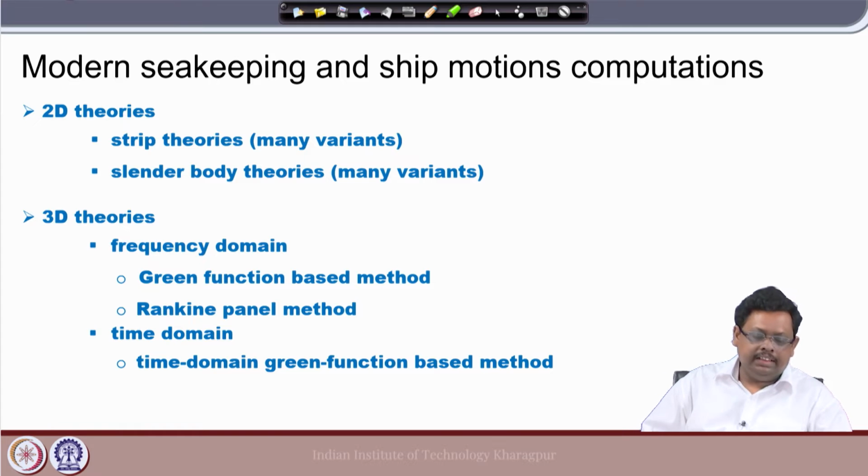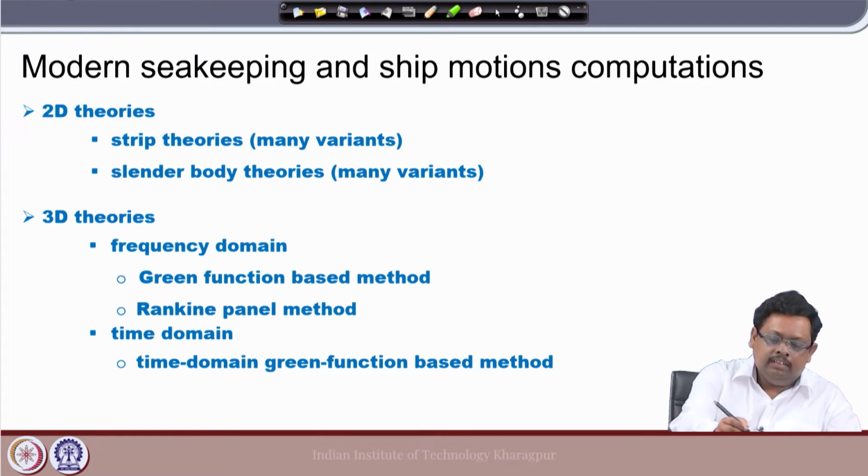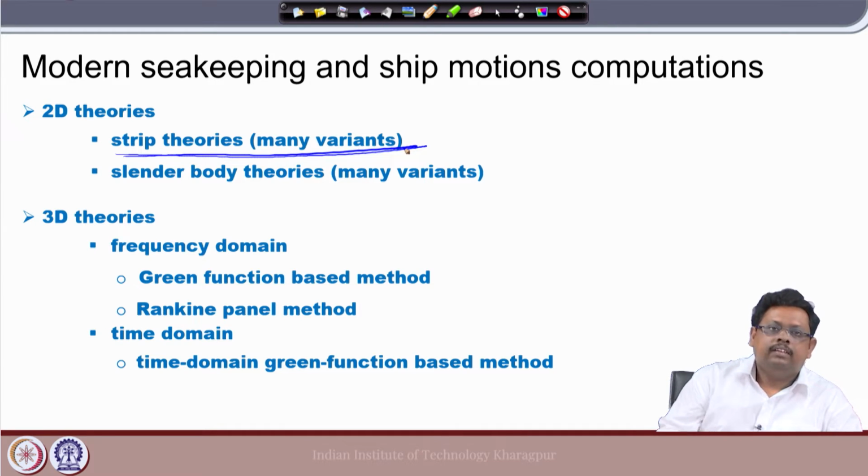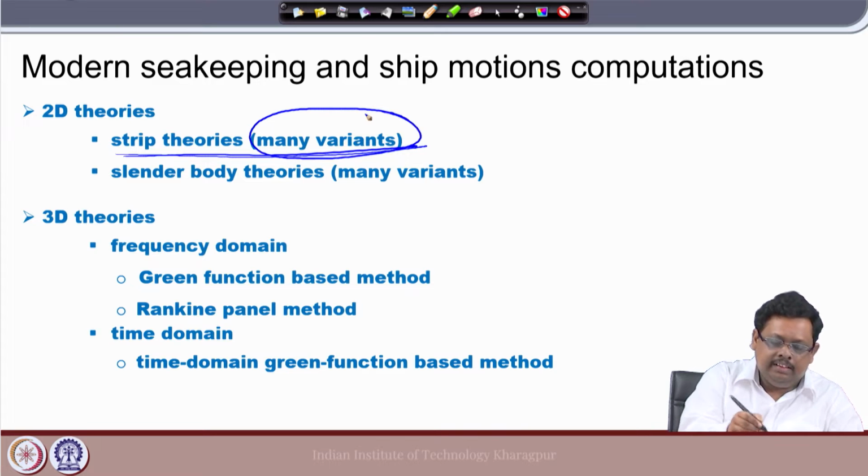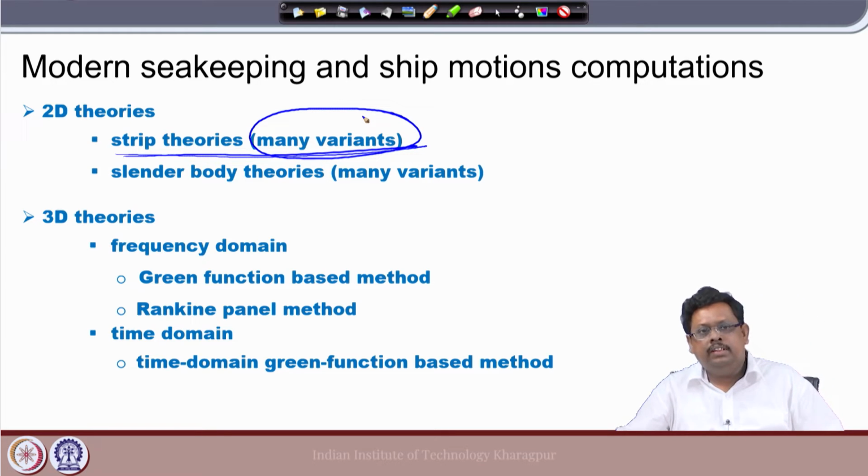Now, let us find out what the available popular methods are in modern seakeeping and ship motion computations. As you know, one we are discussing is the strip theory. There are many variants of the strip theories available.